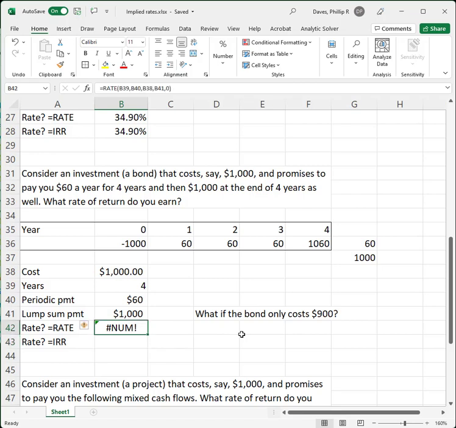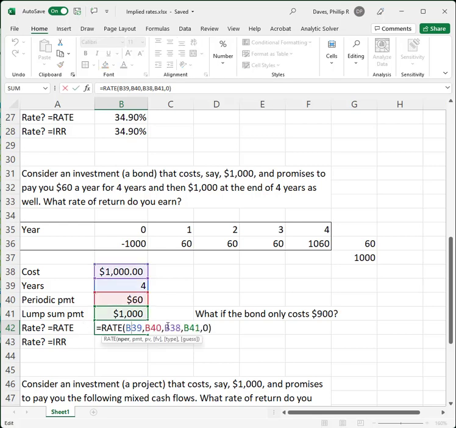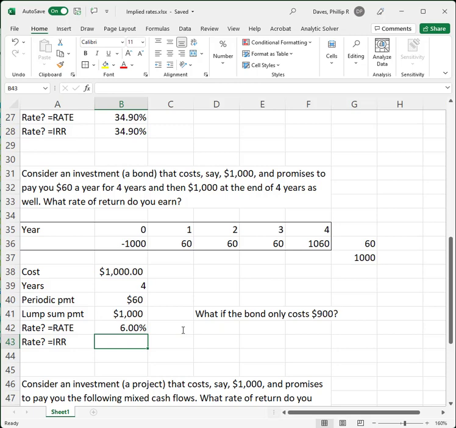And the error is because there is no rate of return that would just give you money, and you don't ever have to pay anything out. That's what you get from your parents or your grandparents or something like that, but you don't get it from investments. So we need a negative sign in front of the cost to turn this positive $1,000 into a negative $1,000 within the function. Now we can also use the internal rate of return.